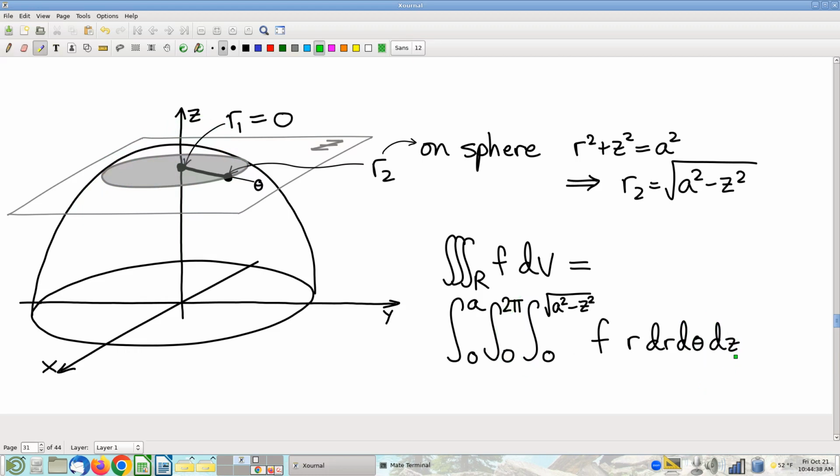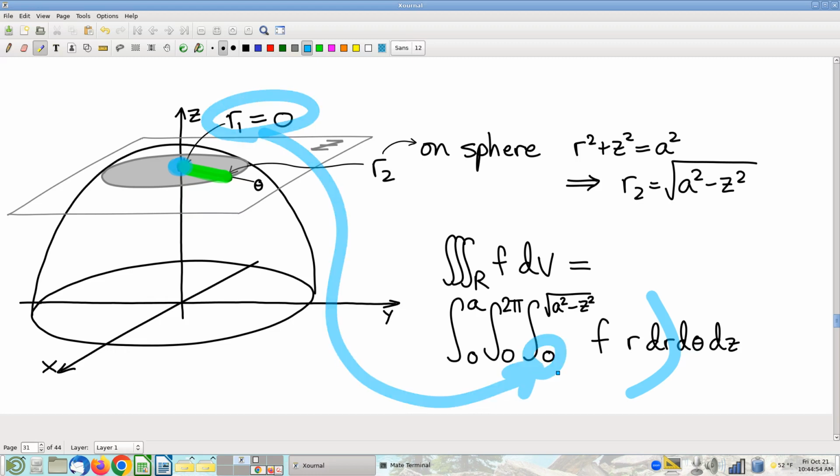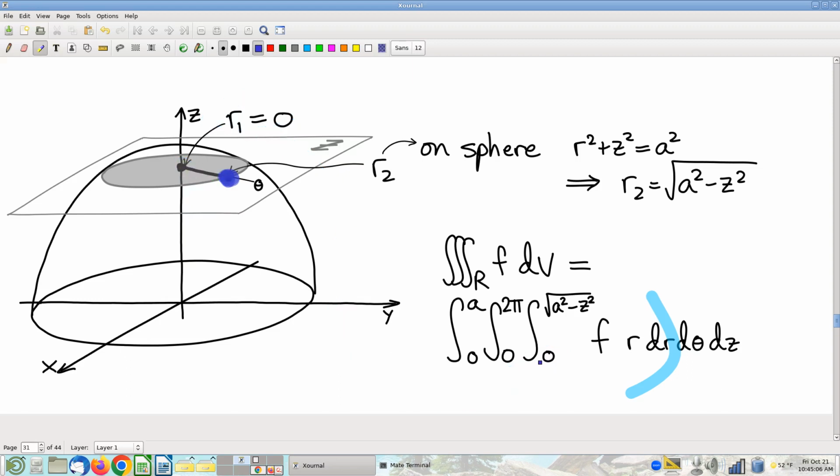Okay, so we've got theta slice of our Z slice. Now we're just looking at this little line segment, and for that little line segment, dr, right? What is our r range? R starts on the z-axis where r is 0, and then r is going to end at that point. And what can I say about that point there? Well, it's on our sphere. Right? Again, thank you, picture.